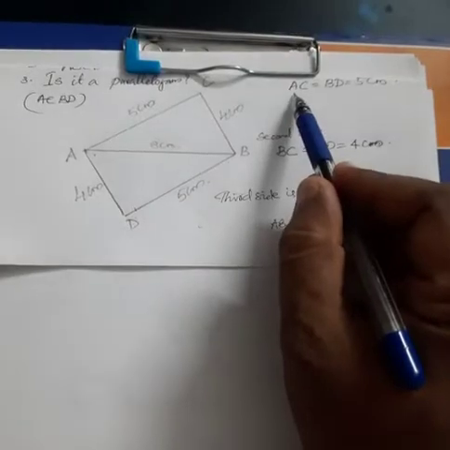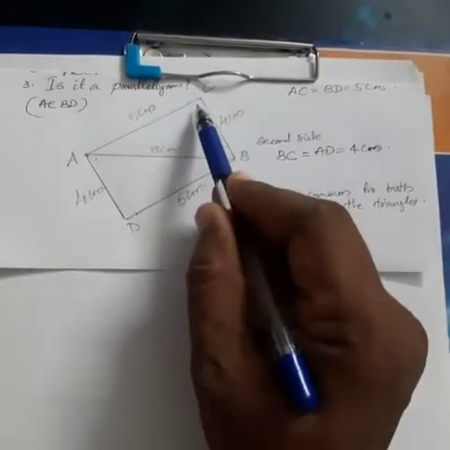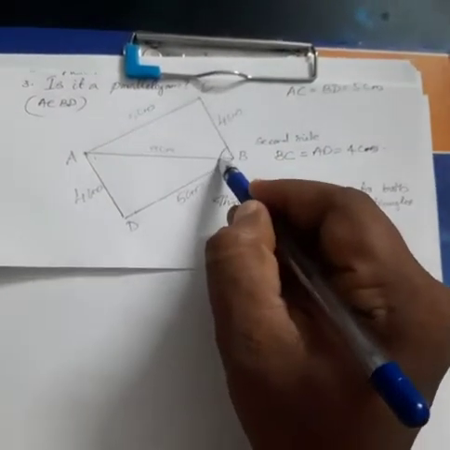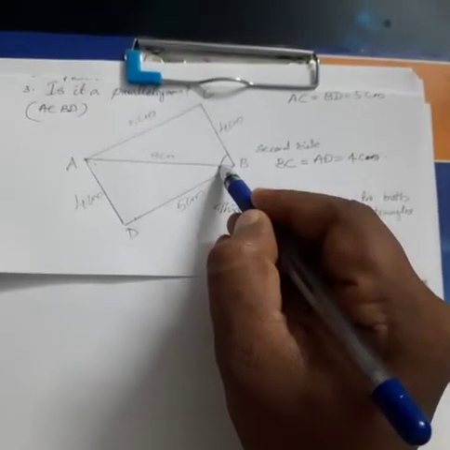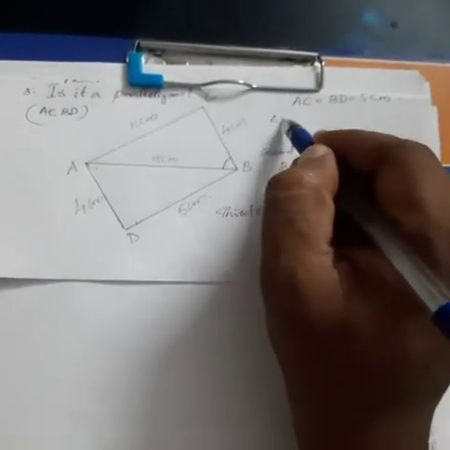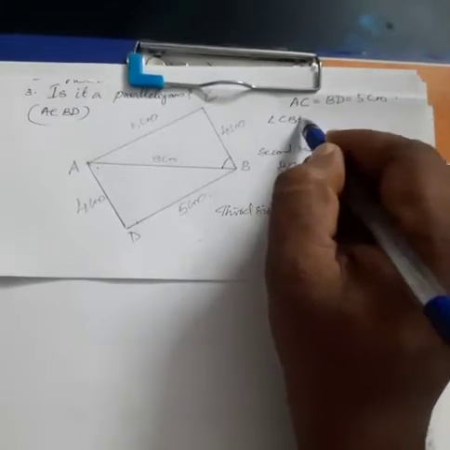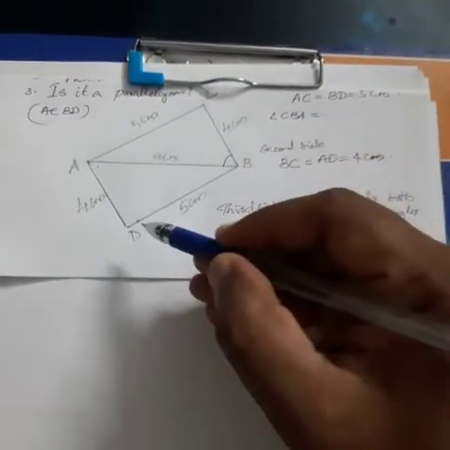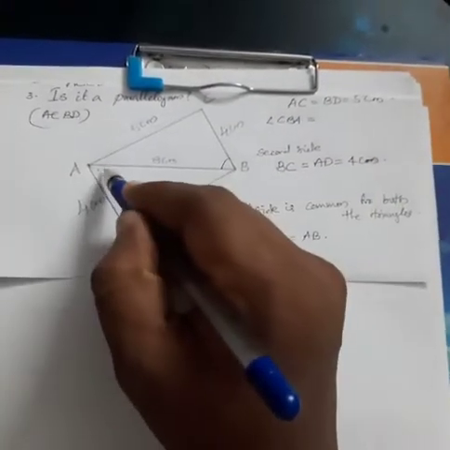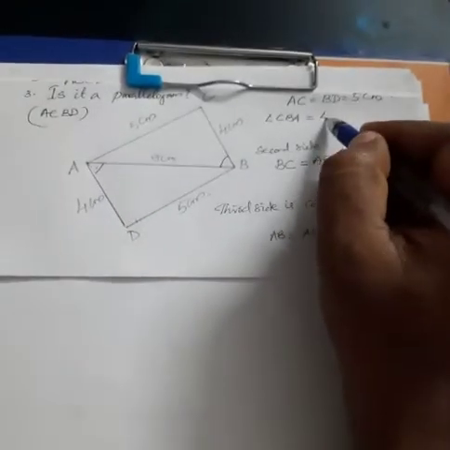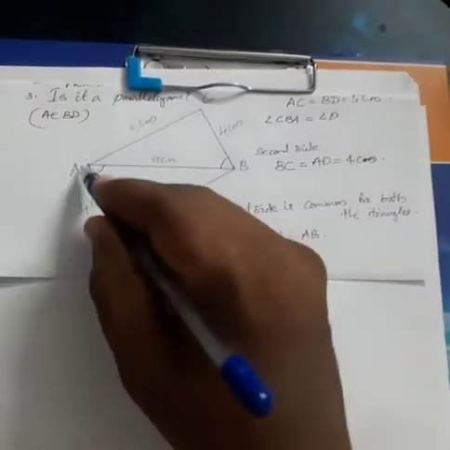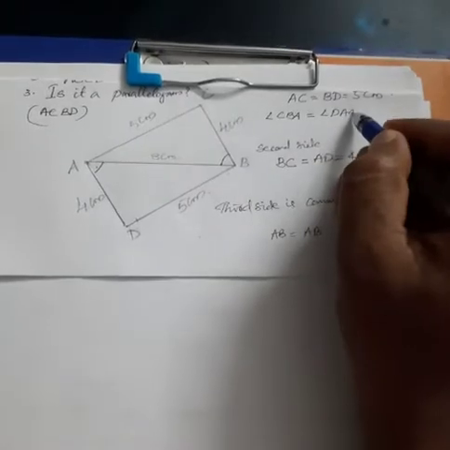Which is the opposite angle of AC? The opposite angle of AC is here. Angle CBA is equal to the opposite angle of BD, angle DAB.